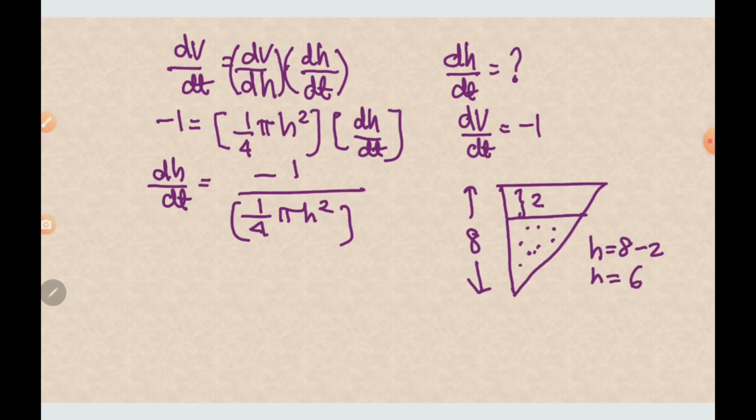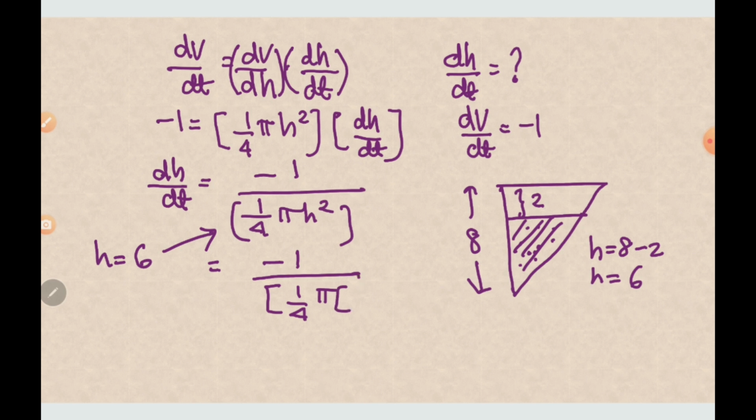So we will substitute h equals to 6 into the formula here. Therefore you will get -1 over 1/4 pi times 6 squared, and simplify, you will get the answer is -1/9 pi.